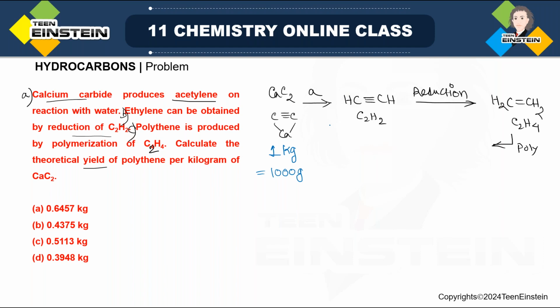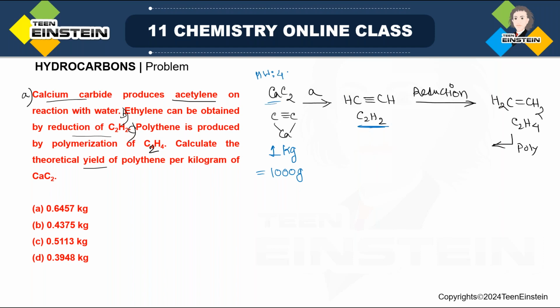Because when you see, this is already a balanced equation, right? So, from 1 mole of this, we are getting 1 mole of C2H2. And from 1 mole of C2H2, we are getting 1 mole of C2H4. So here we will calculate first the number of moles of CaC2, but for that we need to calculate its molecular weight or molar mass.